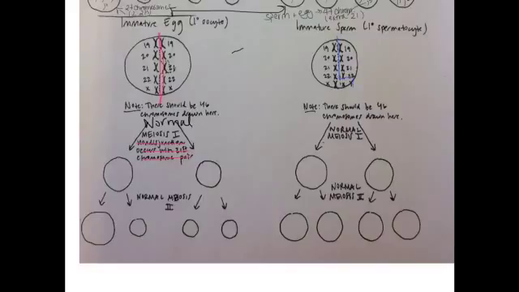So we are going to cross out normal and say non-disjunction occurs on sex chromosomes.